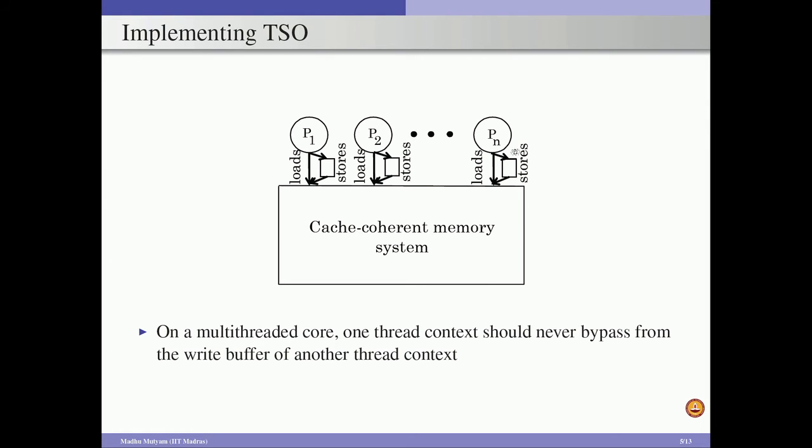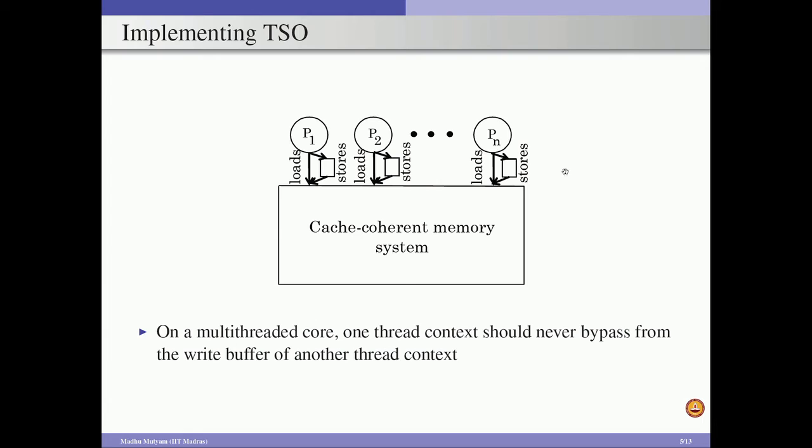When we have store buffers and a context switch happens, at the time of the context switch we have to write the values of the store buffer to the caches. We cannot use these contents for a subsequent thread executed on any of these cores.